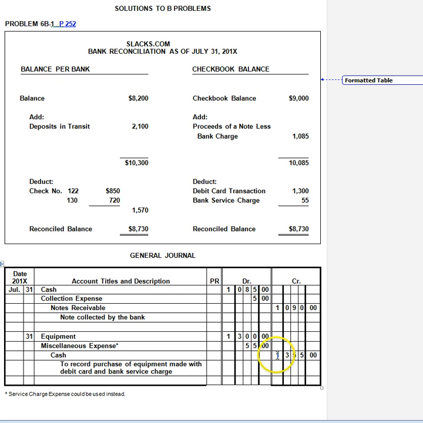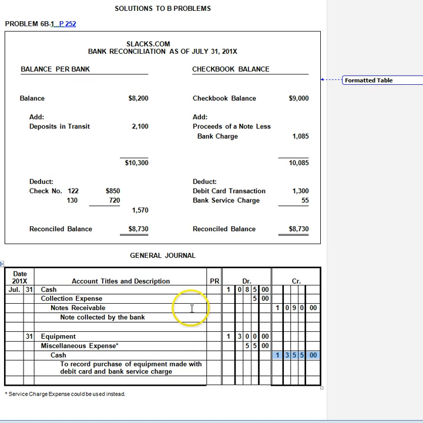So the sum of the two debits equals the credit or the reduction to cash of 1355. And the explanation is to record the purchase of equipment made with a debit card, and also to record the payment of the $55 service charge. So I think that covers it.